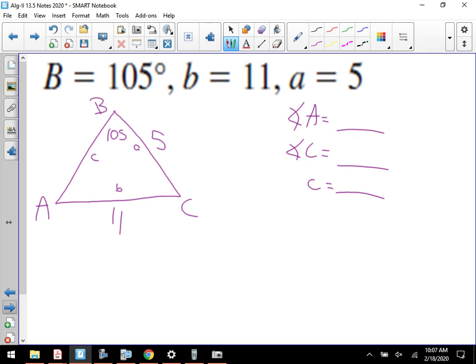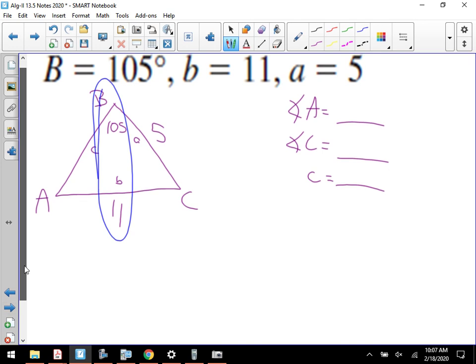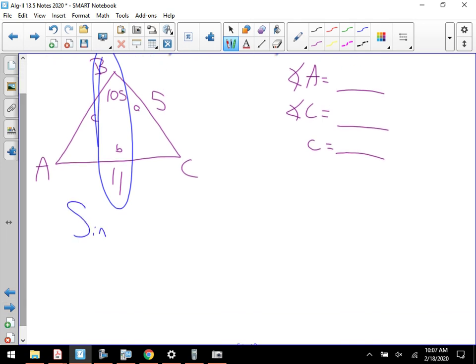Use my silly trick of circling so you know which one you're going to use as your pivot, if you will. The sine value, the ratio for both missing pieces. So you have the sine of 105 is to 11 as the sine of A is to 5. So I have to find angle A first.